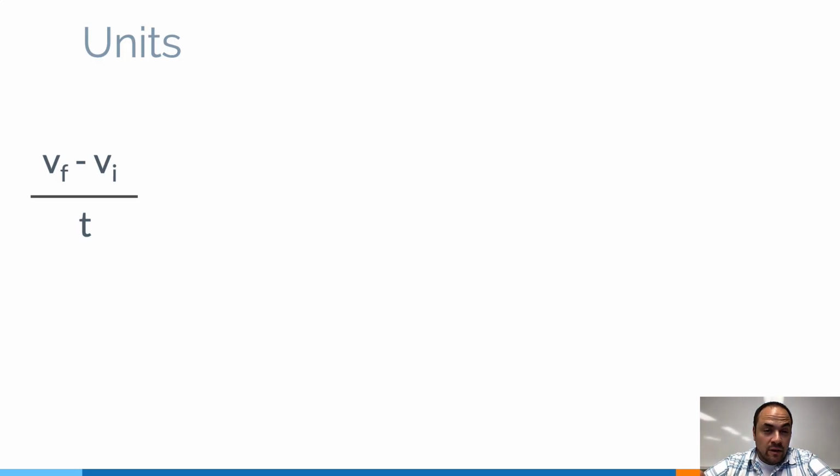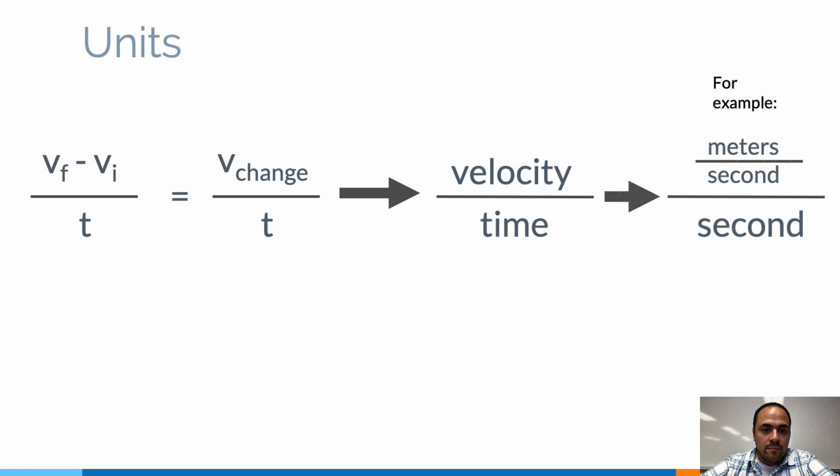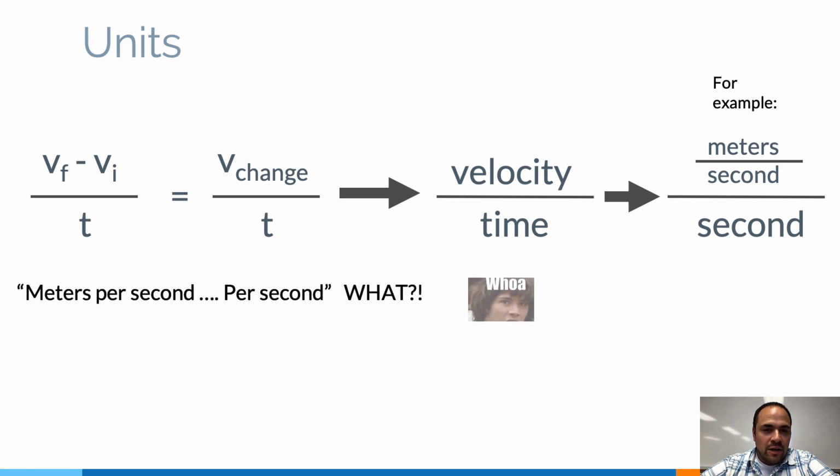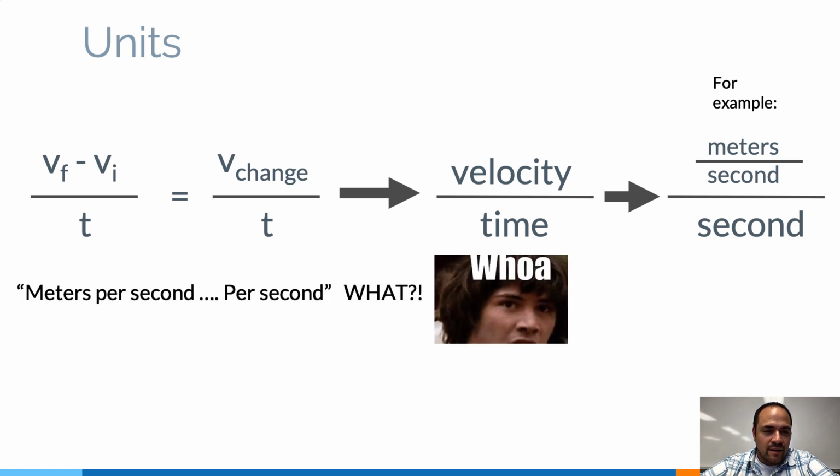Now the units look a little strange. We're taking a difference in velocity over time, and we know that velocity units are meters per second. Well, you're putting meters per second over seconds, which again looks a little strange. So meters per second per second. Yeah, I know. Take a second, think about what that means.